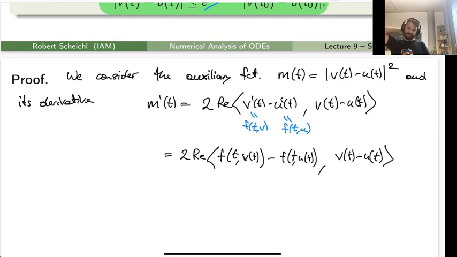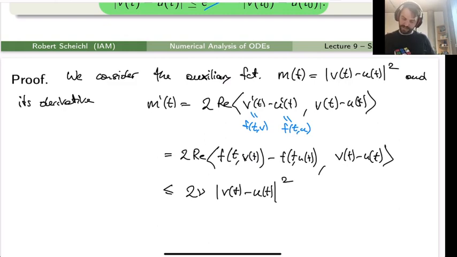And now we use, this is exactly the formula from the one-sided Lipschitz condition. So we know that this is less than or equal to 2 times ν times, f is gone, the modulus of v(t) minus u(t) squared.